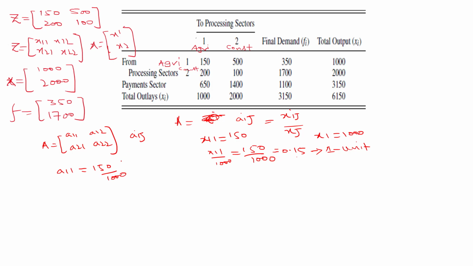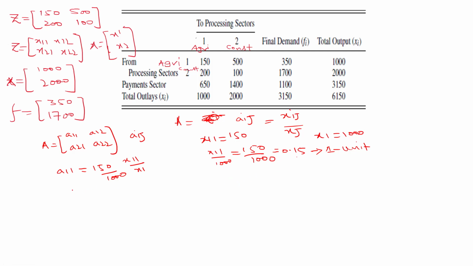This is X11 divided by X1. X11 is 150 because agriculture sold 150 units to the agriculture industry, and the total output of the agriculture industry is 1000. So it gives us 0.15 per unit worth of output.